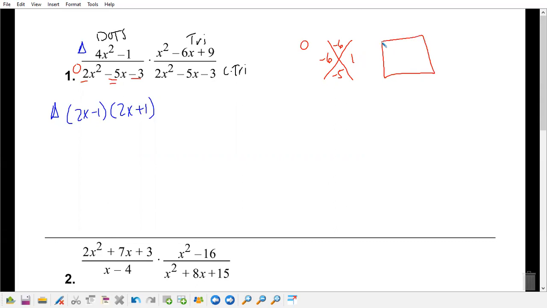So in X box, I have 2x squared, -3. I have -6x and 1x. Take the GCF of each row and column. The GCF here is x. GCF here is -3. GCF here is 2x. GCF here is +1.